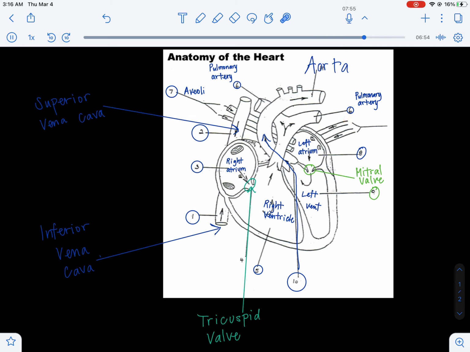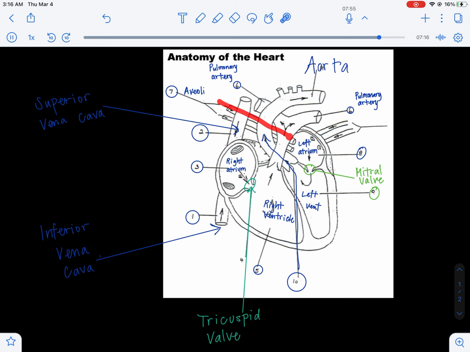So the blood becomes oxygenated at the alveoli. So after the alveoli, the oxygenated blood drops to the left atrium.